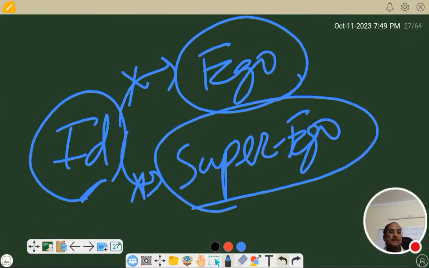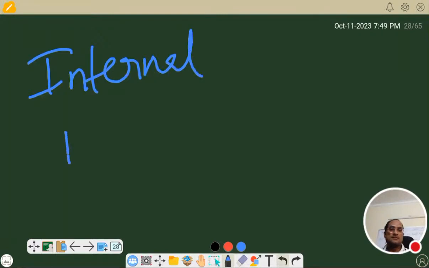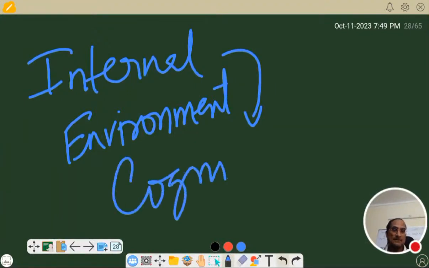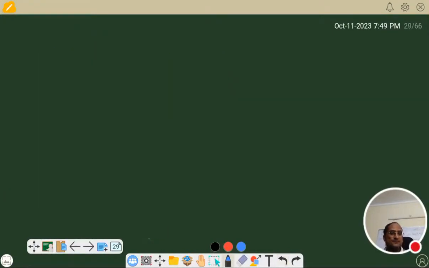Then comes, within the internal environment itself, one of the most important perspectives as far as contemporary psychology is concerned, the cognitive perspective. What do cognitivists say?